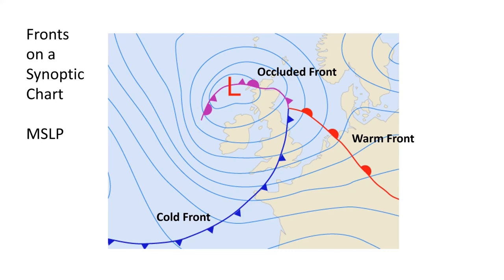It's well worth knowing that the reason these occlusions occur is that the warm front moves across the ground more slowly than the cold front. So the cold front is constantly catching the warm front up, and actually lifting that front up from the surface of the Earth.